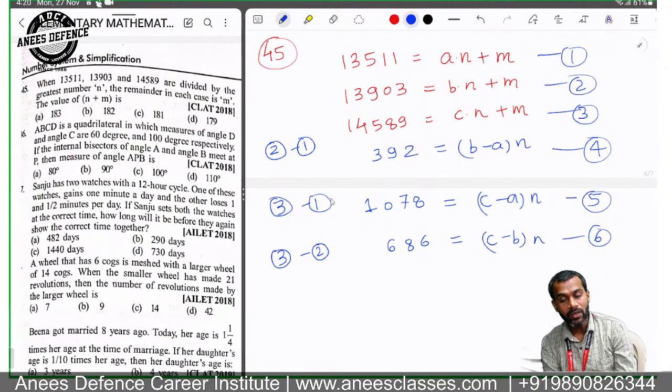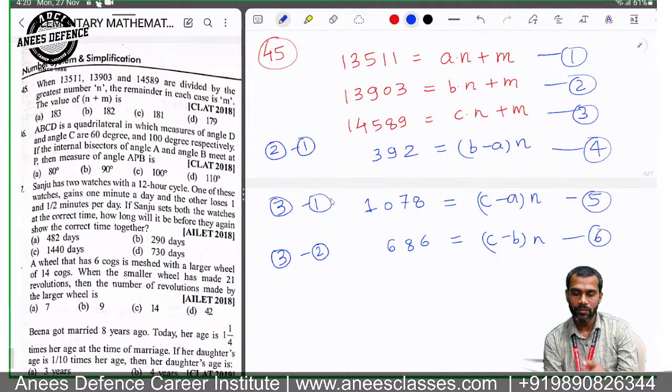So you will get the value 686. Find out the HCF. How to find out HCF? See, we have to use that division method.